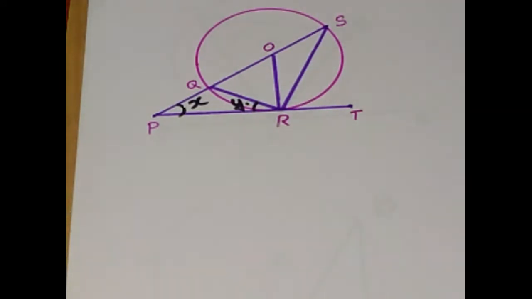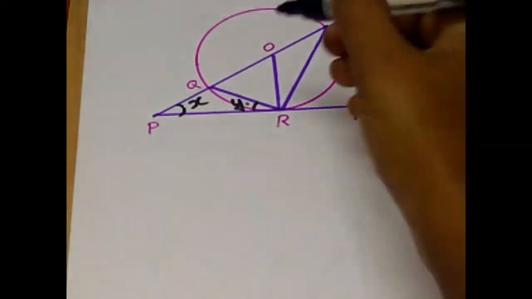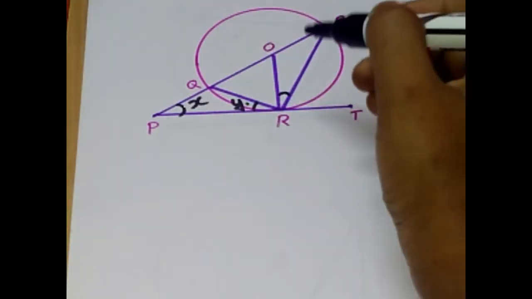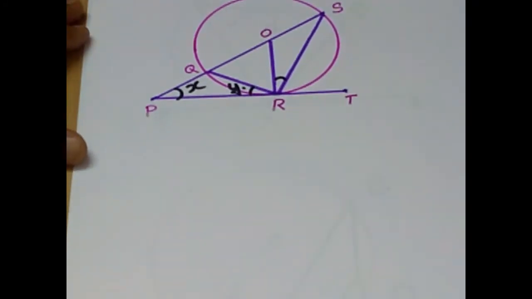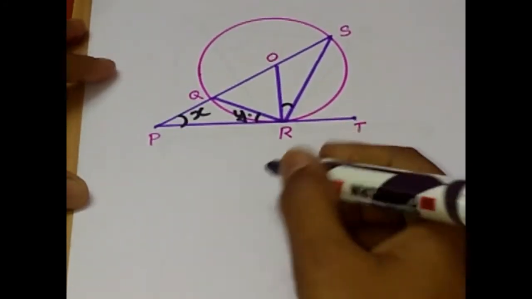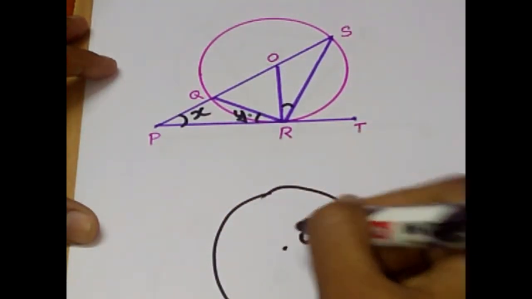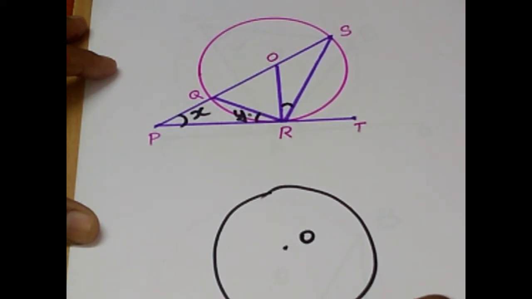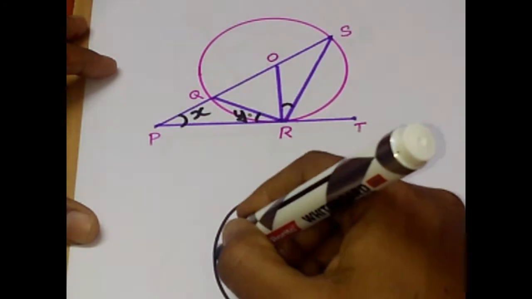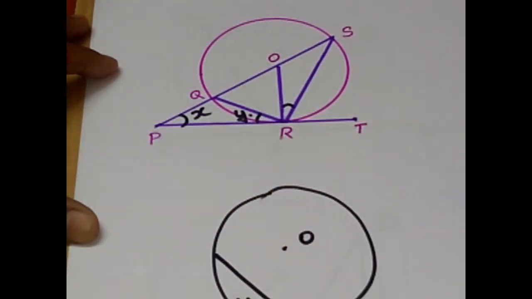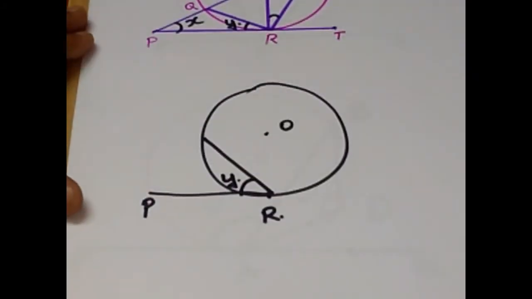How to find that angle ORS is equal to Y? Just observe, children. This angle ORS I need to prove. For this I am going to draw the diagram for your understanding. So this is the circle with center O. This is the point of contact R of the tangent PR, and at the point R we have an angle marked as Y. So I hope you are able to see this.